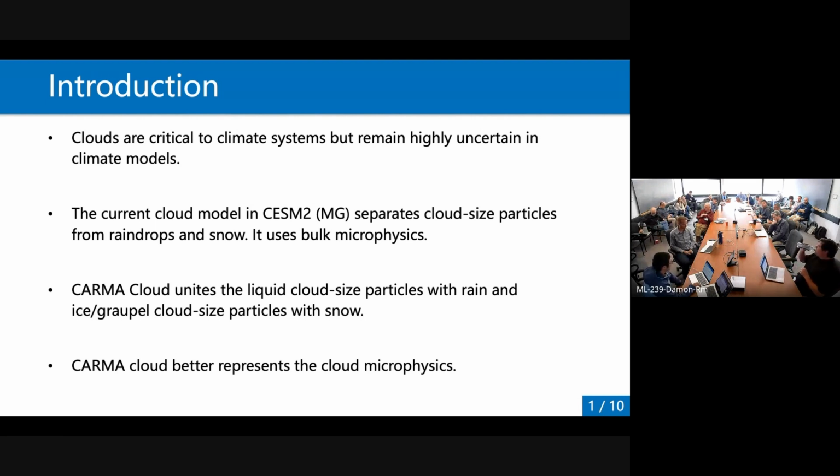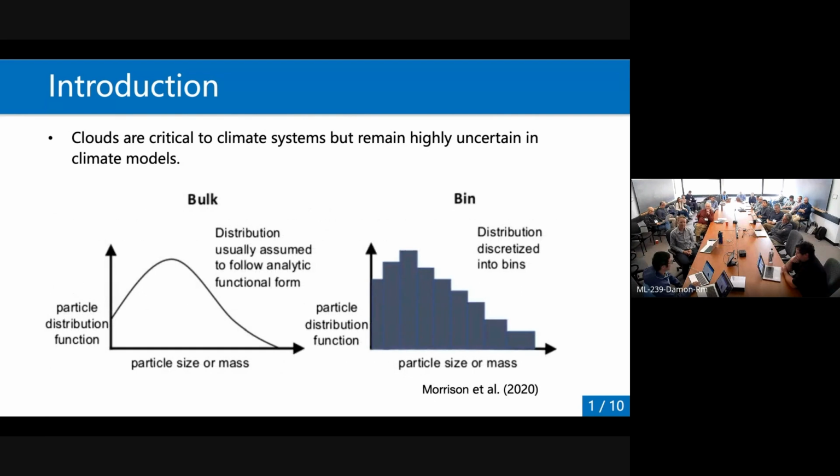The current cloud model in CESM2, hereafter MG, separates cloud-sized particles from rain and snow. It uses bulk microphysics, while CARMA cloud unites the different sizes, liquid cloud-sized particles with rain and ice cloud-sized particles with snow. We use single size distributions and bin microphysics.